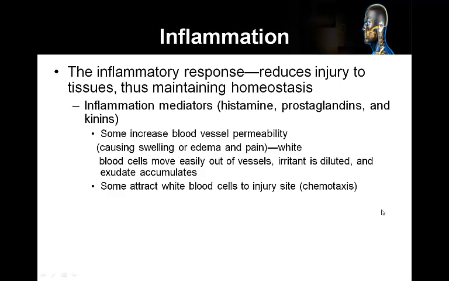There's mediators that allow for this inflammation to occur. We've all heard of things like histamine, right? And at the very base of knowledge, our layman's knowledge, histamine, we probably have heard of things that are antihistamine.